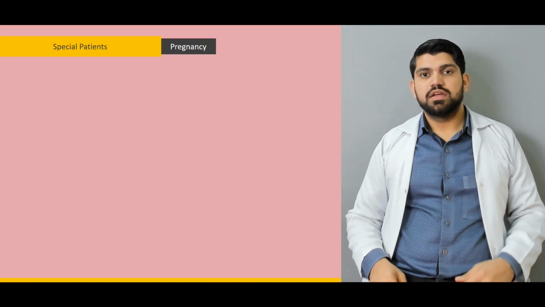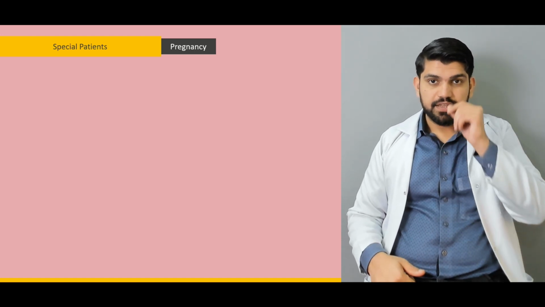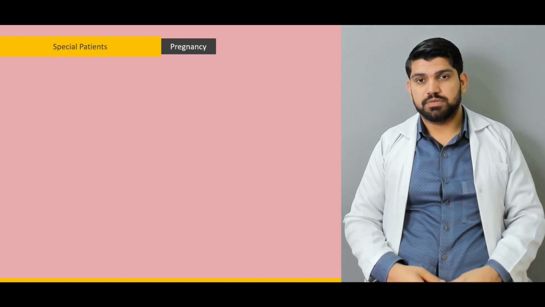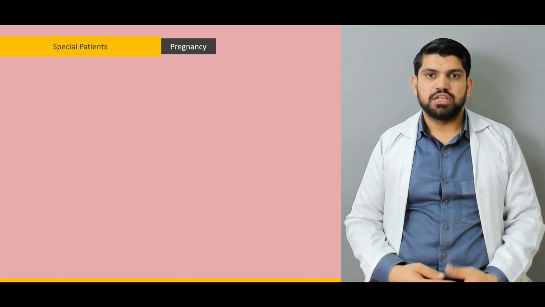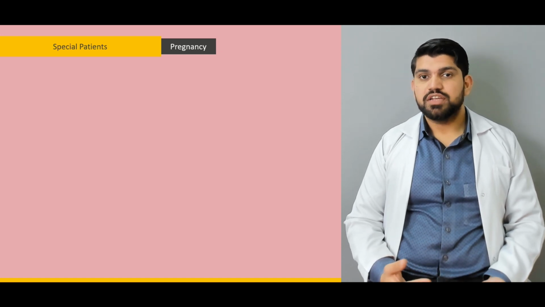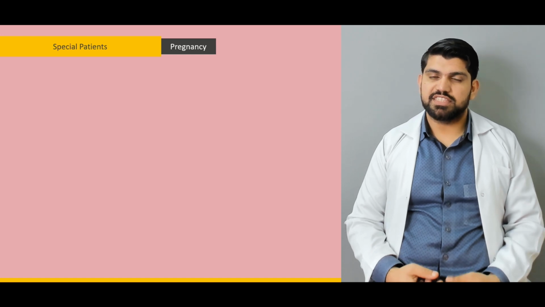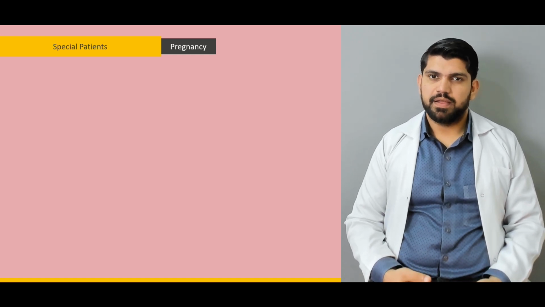So, moving on to pregnant females. At 12 weeks of gestation, there is increased abdominal distension because of uterine enlargement. So as a physician, it is hard for you to appreciate or even inspect the underlying cause of abdominal pain.